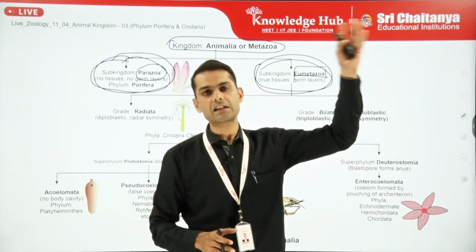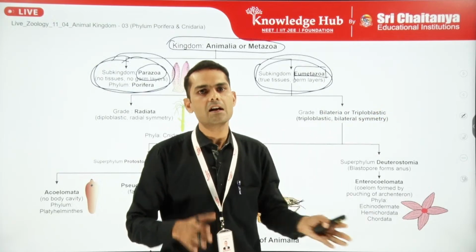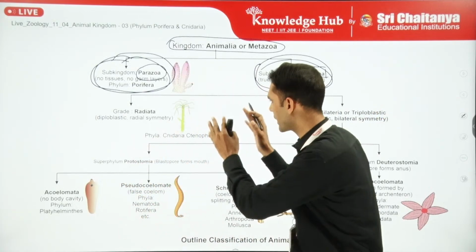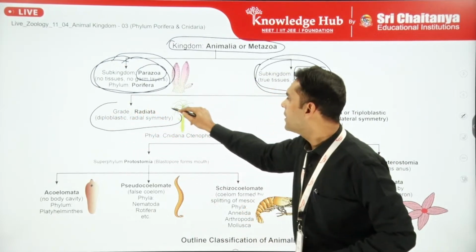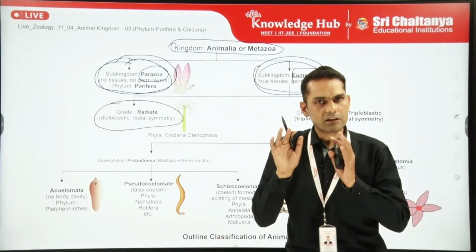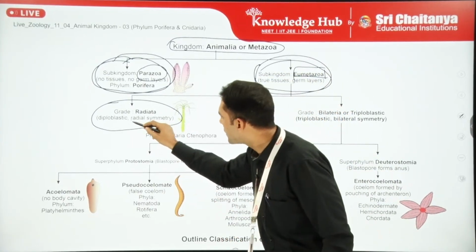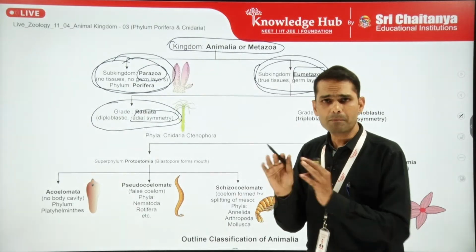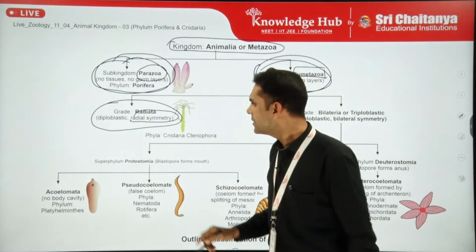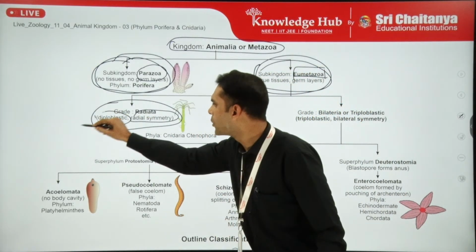So what we studied in the previous sessions now comes into the classification. Grade Radiata includes those organisms which have radial symmetry, which is the first point. Second, on the basis of germ layer organization, they are categorized as diploblastic.